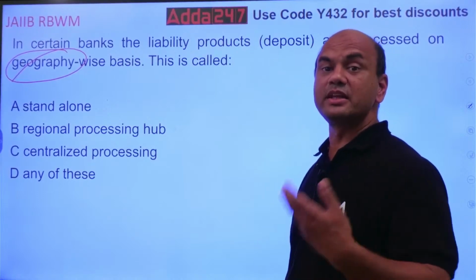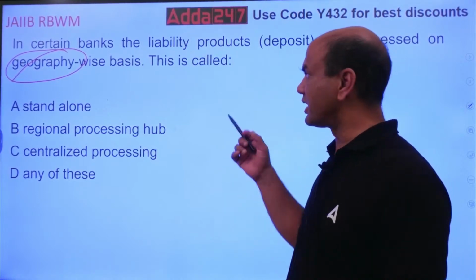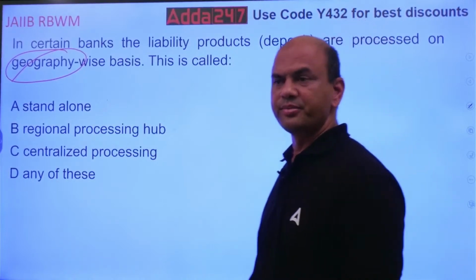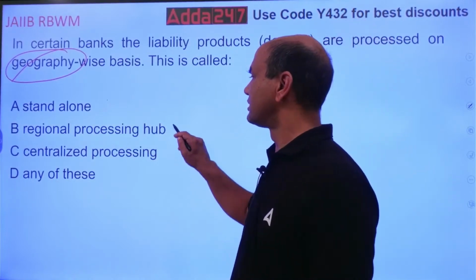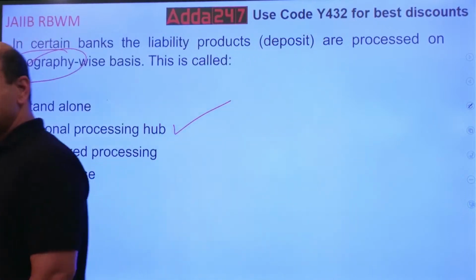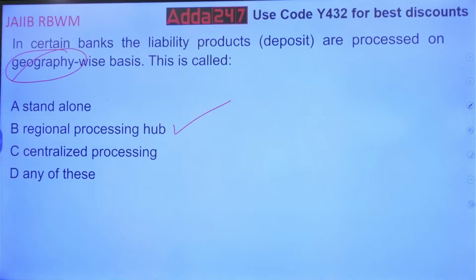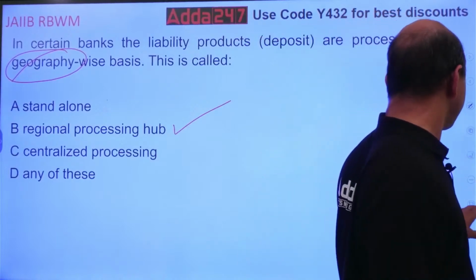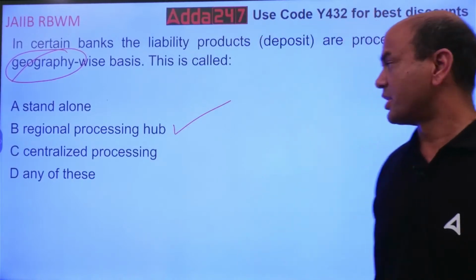I gave you regional centers. Now instead of regional, they are giving geography centers. So the answer is regional processing hub. Got it? Everyone clear?